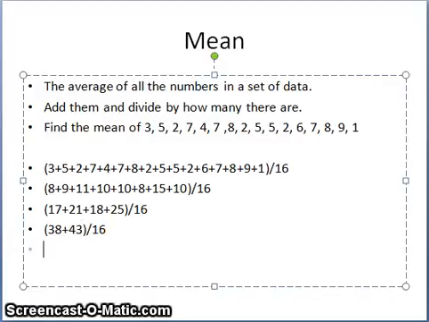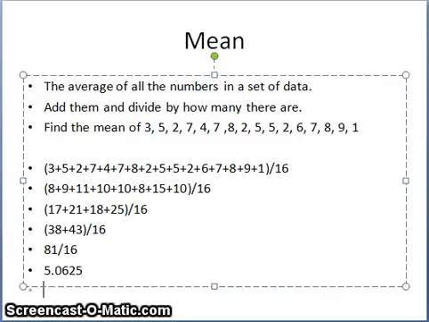So 38 plus 43 is 81, if I did all my math right, hopefully I did. And now I'm going to go ahead and use a calculator. 81 divided by 16. You could do it by longhand division, of course, but that's 5.065. So that would be my mean.